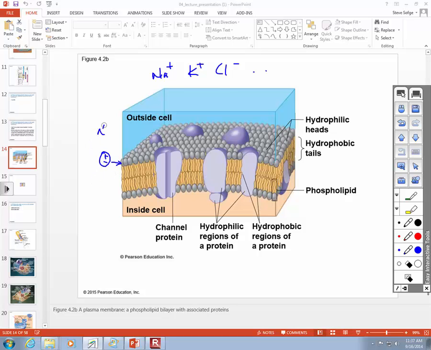If you had sodium trying to get in, it's going to hit that and bounce right off. It'll just be repelled. Or chlorine, positive here, negative here, would be pushed away by that negative charge.